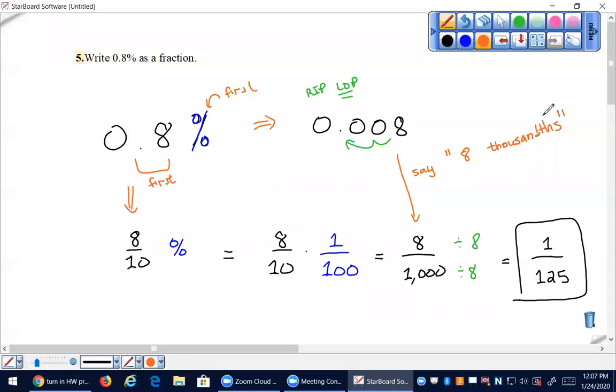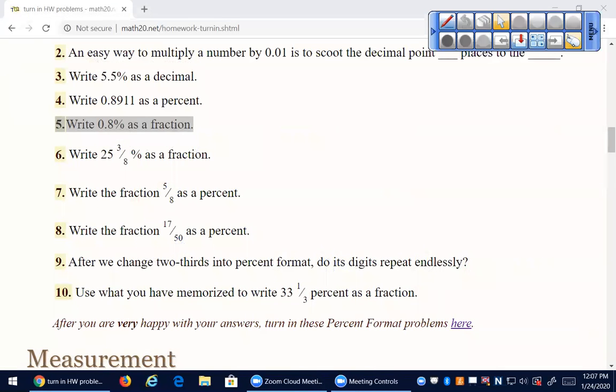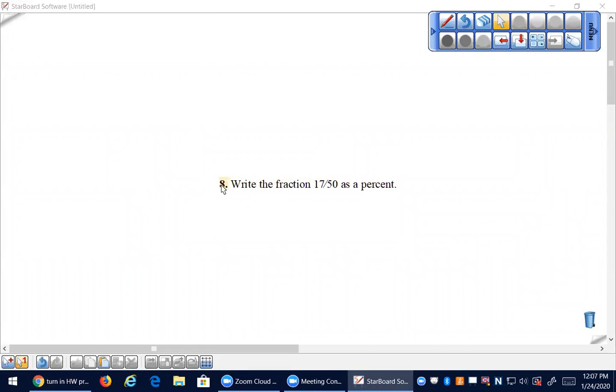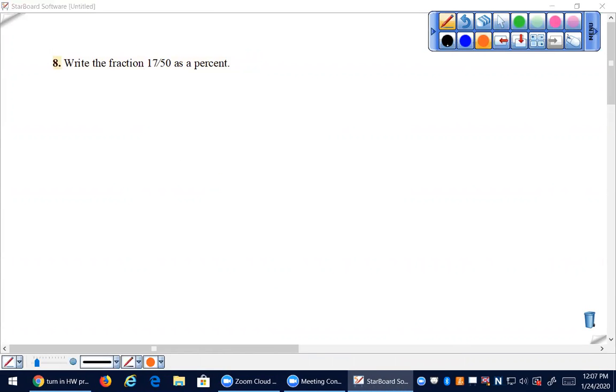Can I do number 8? Let's see. Write that one as a percent. Okay. So for fraction to percent, the fast, reliable, use-a-calculator way was just to treat it as division.